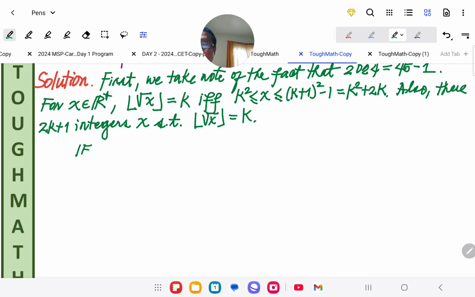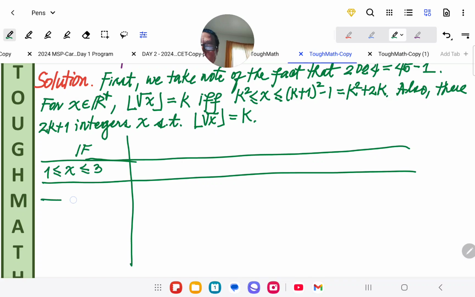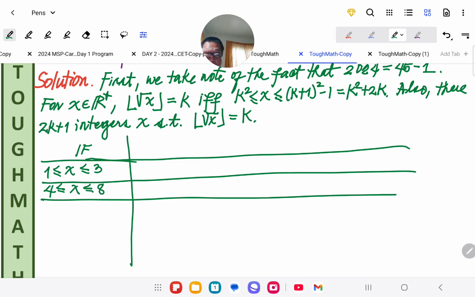First column is the range of the x's. So we have 1 is less than or equal to x, less than or equal to 3. And then we have 4 less than or equal to x, less than or equal to 8, because the next square integer is 9.